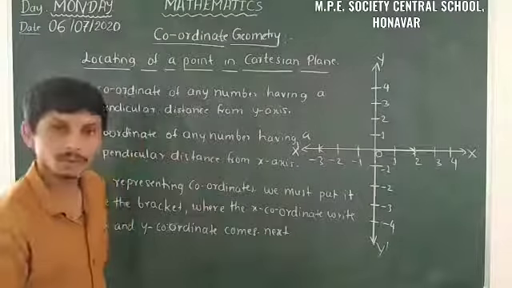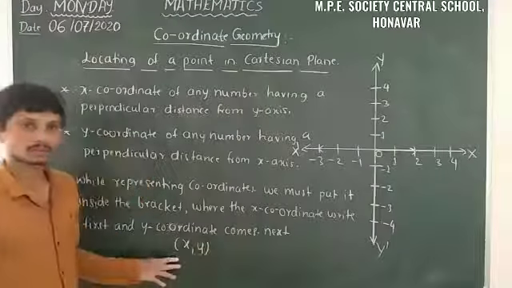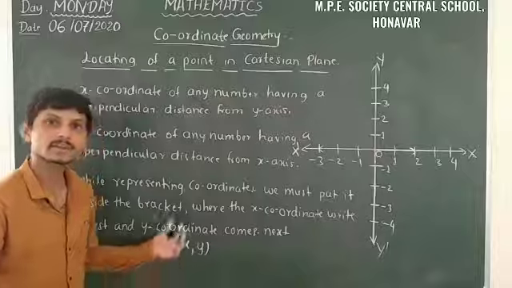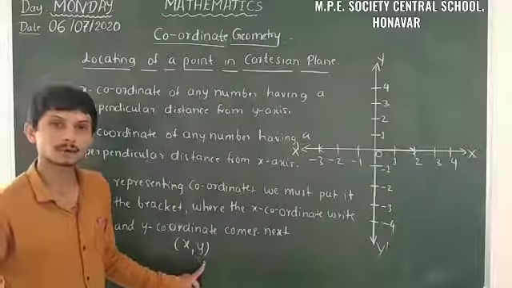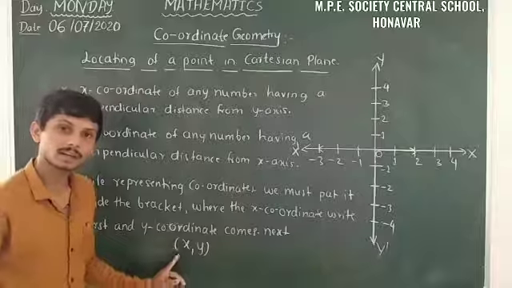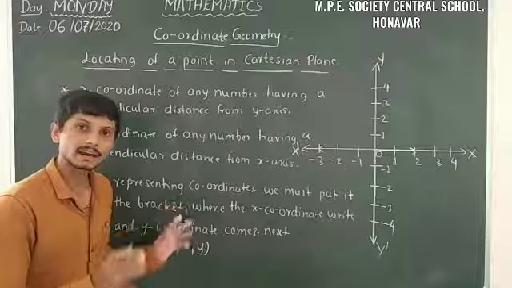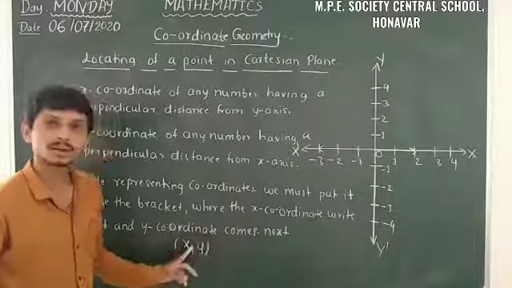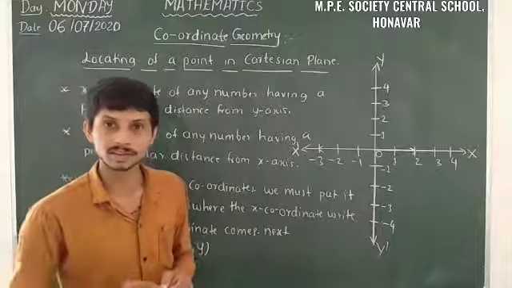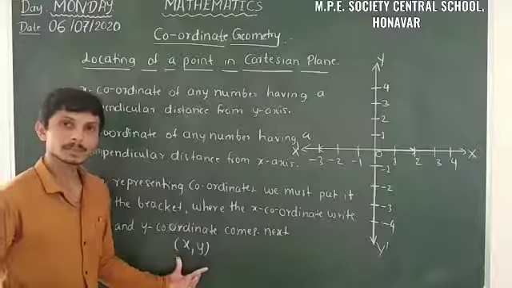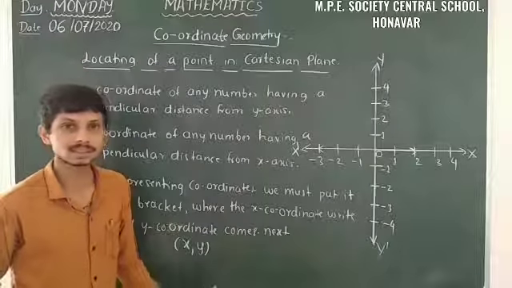That is, we have to represent it in the form x comma y. Whatever the x coordinate and whatever the y coordinate, we write it in x comma y form, where the x coordinate comes first and the y coordinate comes next, all written between brackets.